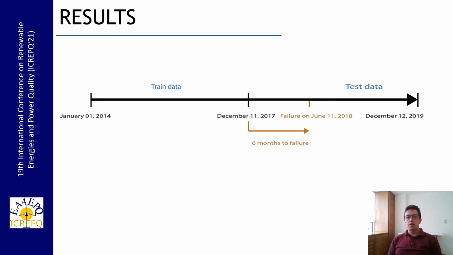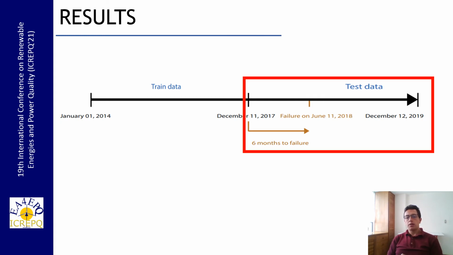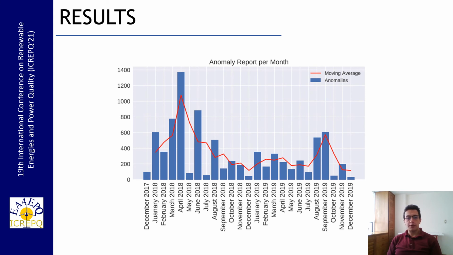So let's go to see our results. Please keep in mind that we split our data, and now we are going to see our test data, which has a failure behavior and a normal behavior. And here you can see our results.